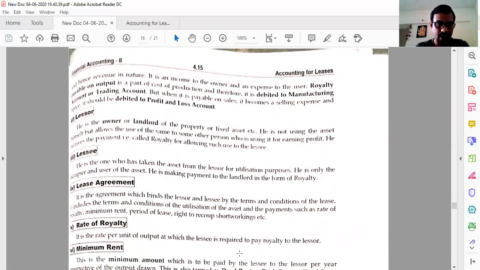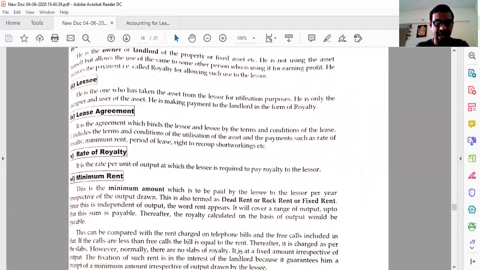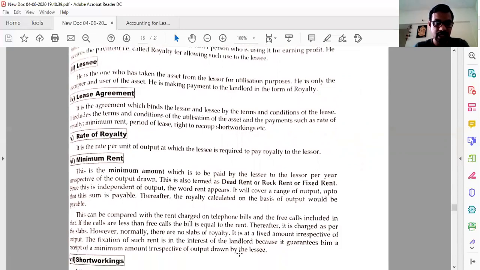Now the next one is lease agreement. The agreement prepared between lessor and lessee, in which the terms and conditions of the lease and the rates of the royalty are mentioned, is called the lease agreement. The next one is the rate of royalty. It is the rate per unit of output at which the lessee is required to pay royalty to the lessor.